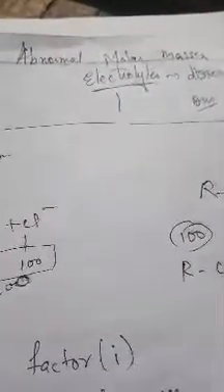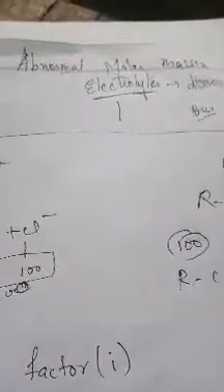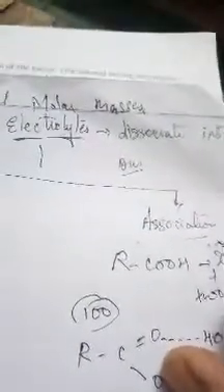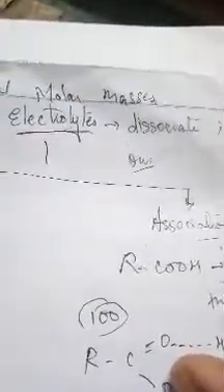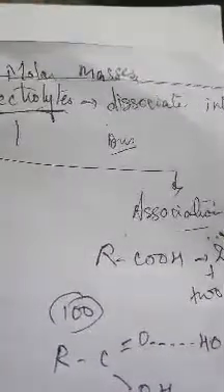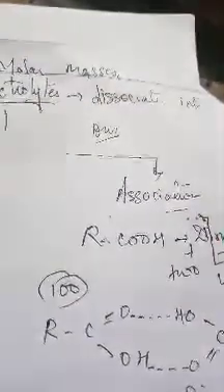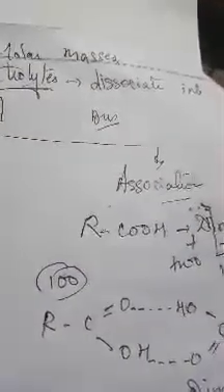Those substances which readily dissociate into ions in solution are called electrolytes. So what are electrolytes? We define electrolytes: these readily dissociate into ions in solution.